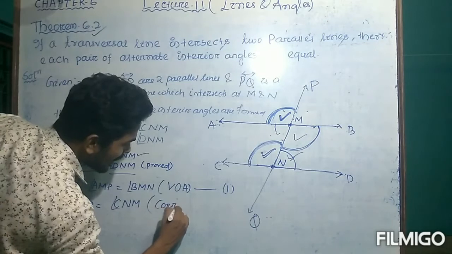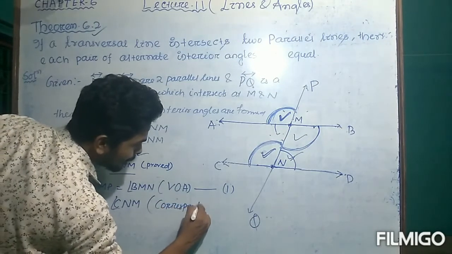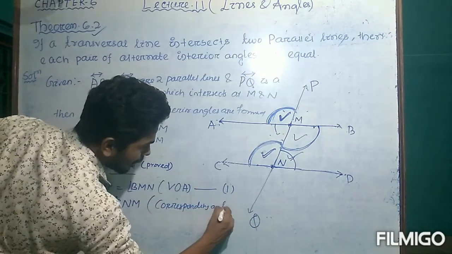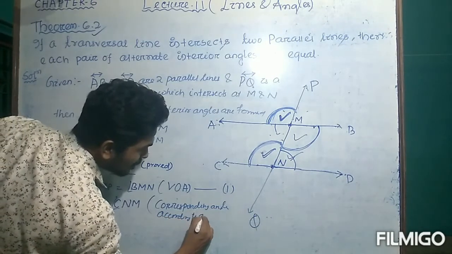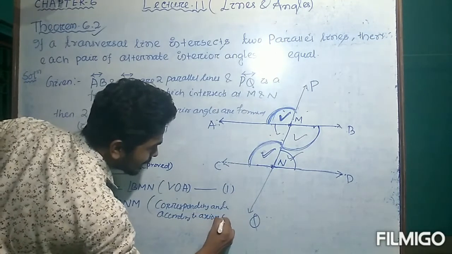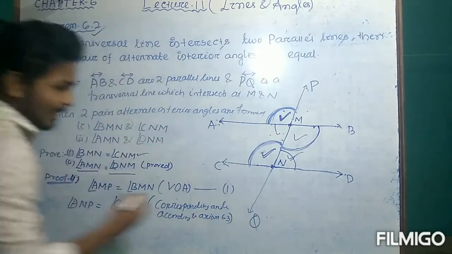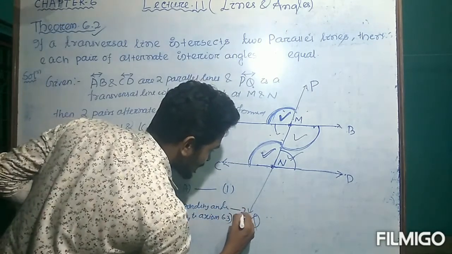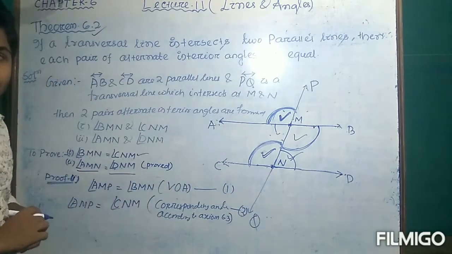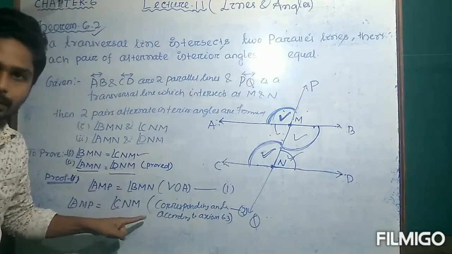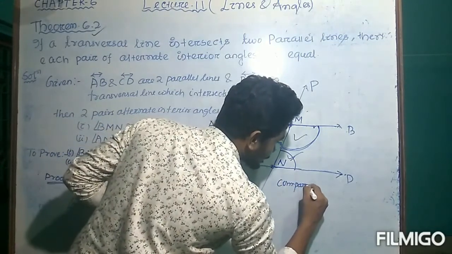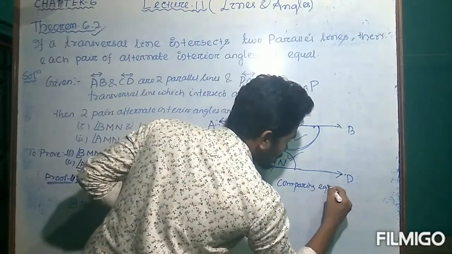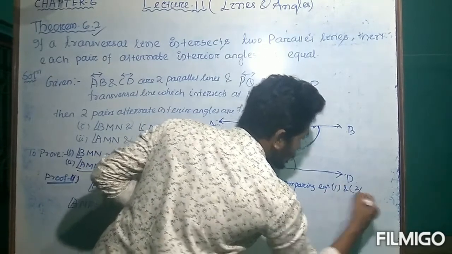Because they are corresponding angles, according to axiom 6.3. Right? Now suppose this is equation 2. Now we will compare these two equations. So comparing equation 1 and equation 2.